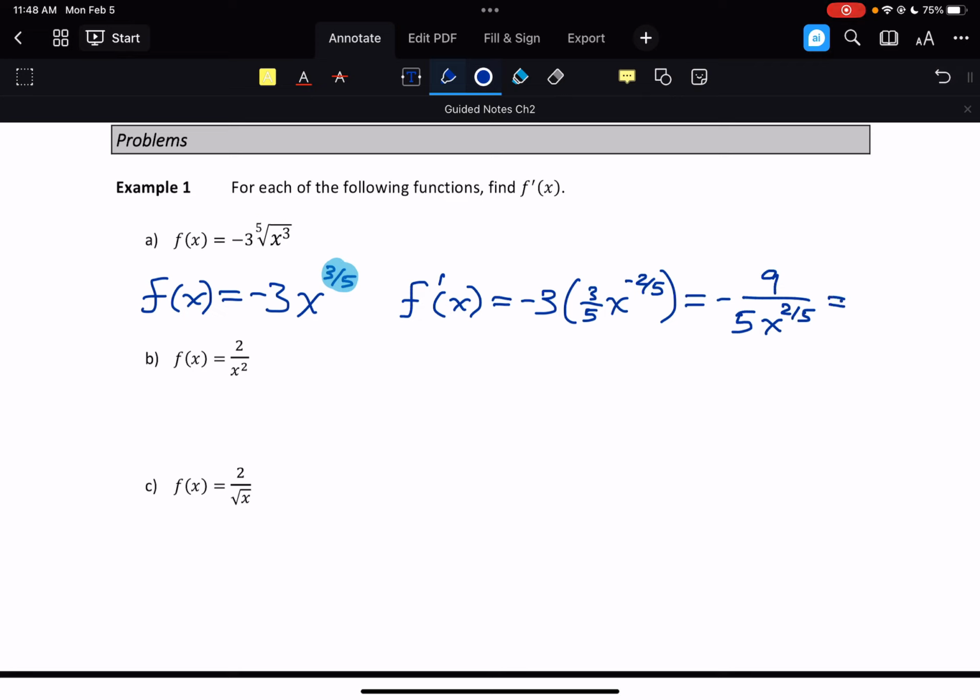So let's go ahead and put it back in the radical notation. So it's negative 9 over 5 times the 5th root of x squared. So that would be our final version of the derivative, put back into a similar notation like the original function was given.